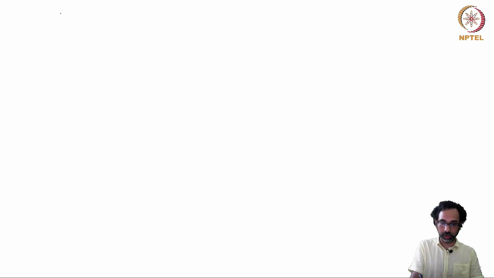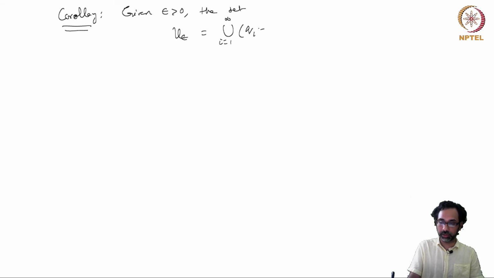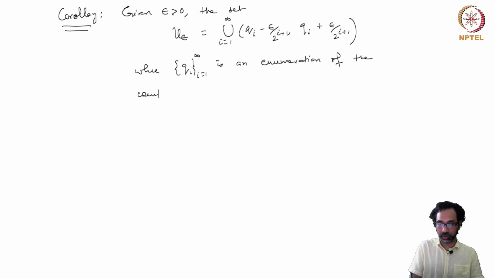So one corollary is that, given epsilon greater than 0, the set U epsilon, which is equal to the union, i equal to 1 to infinity, of the intervals (Qi minus epsilon by 2 to the power i plus 1, Qi plus epsilon by 2 to the power i plus 1), where Qi, i equal to 1 to infinity, is an enumeration of the countable set of rational numbers inside [0, 1].